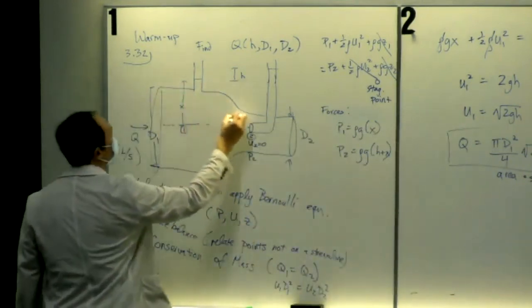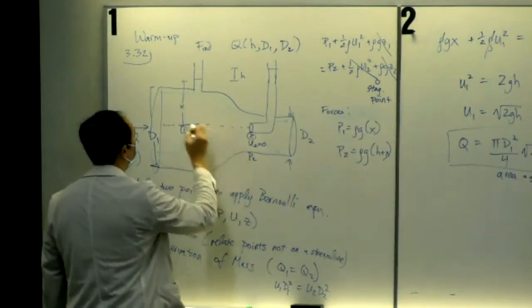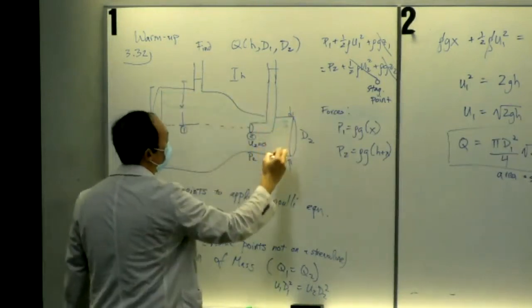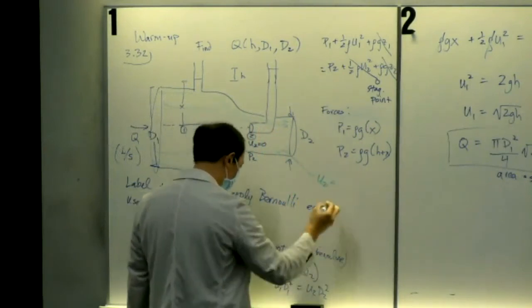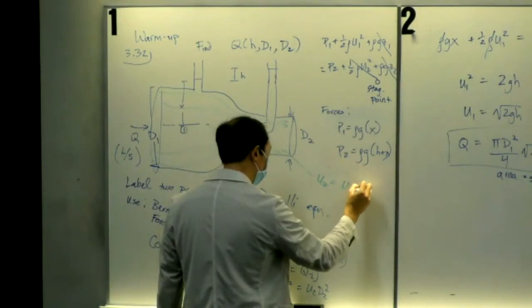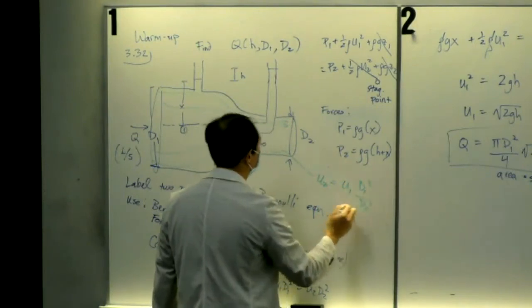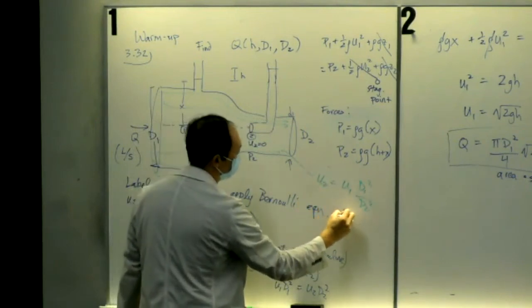The top one's got to go here, the bottom one's going to go here, and here. So you get basically this contraction, where U2 is equal to U1 times D1 squared over D2 squared. And because D2 is smaller than D1, you get an increase in speed at U2.